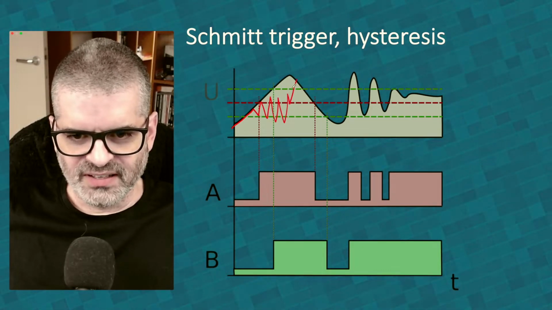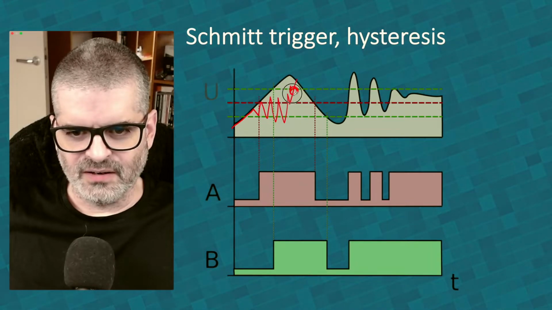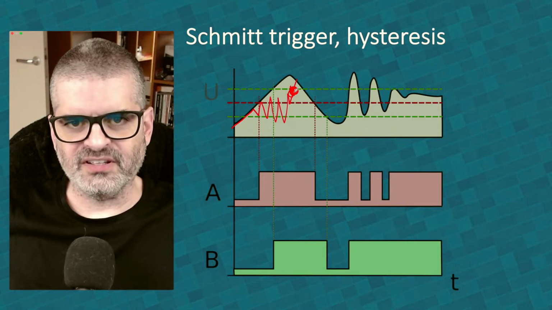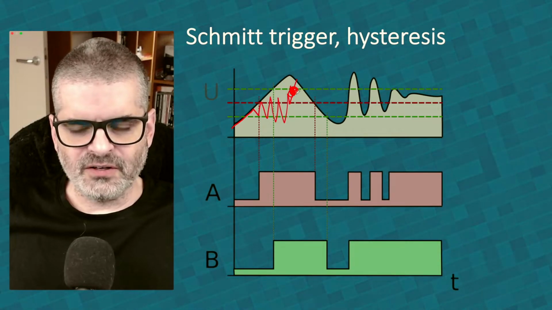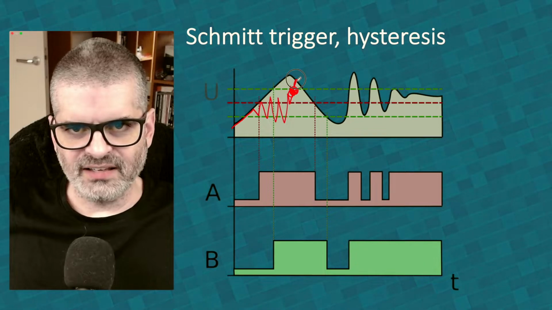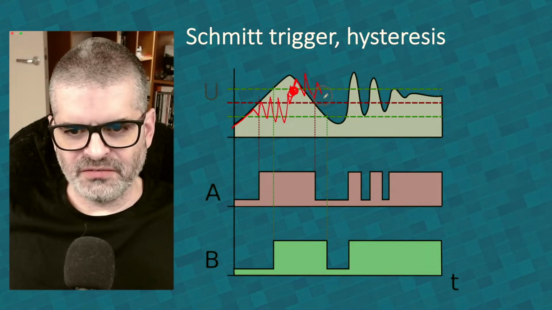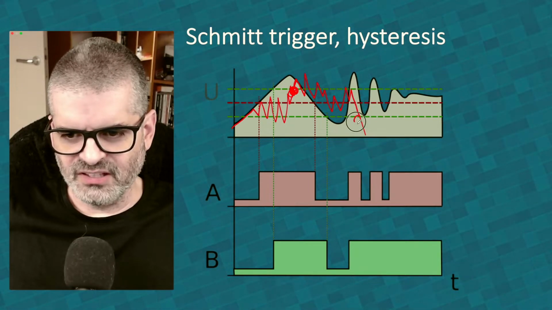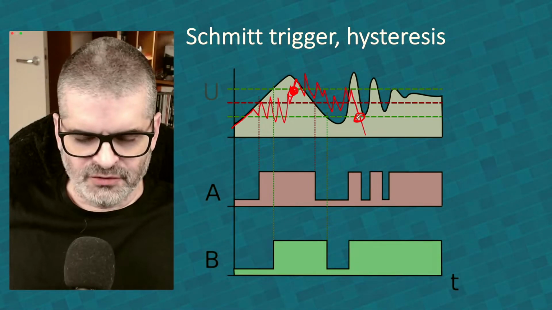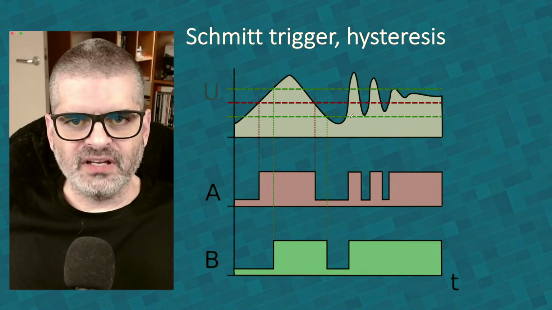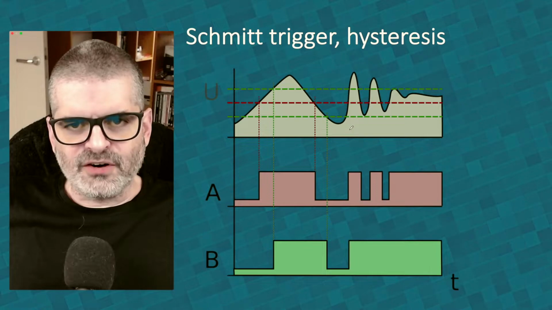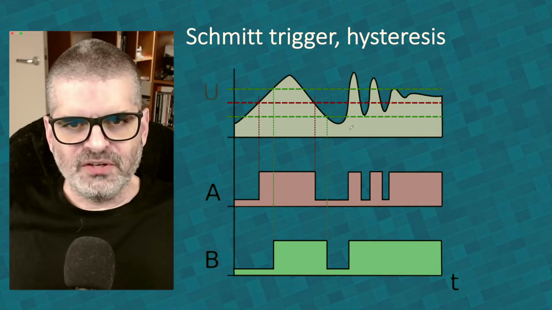You have to cross this threshold here. Only then do you get the signal interpreted in a different way. And the same thing the other way around. Once the signal is high, it will stay high even if it varies here a lot. It will only go low again if it crosses this threshold. So Schmidt trigger input chips mean that whatever noise is in the signal will tend to be filtered out.